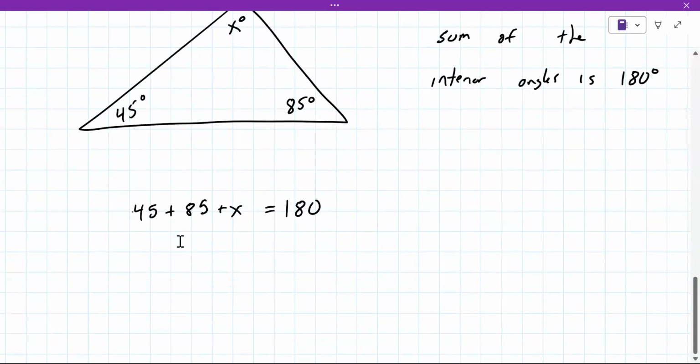45 plus 85 is, could you add those together, and please feel free to use a calculator. Isn't that 180? No, that would be plus the X too.